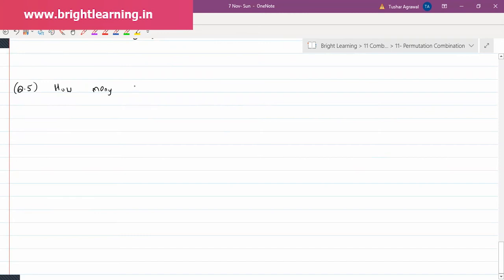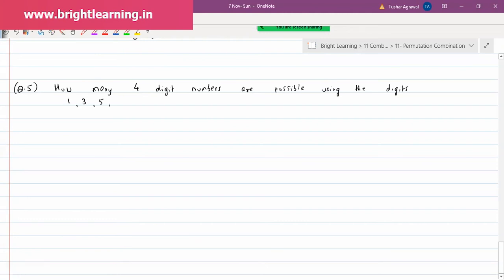How many four-digit numbers are possible using the digits 1, 3, 5, 7, 9, with repetition allowed?